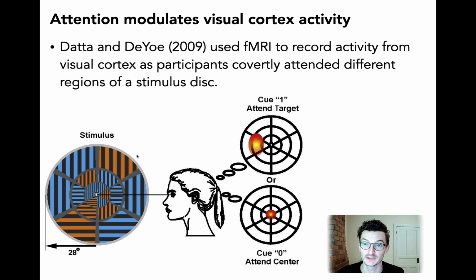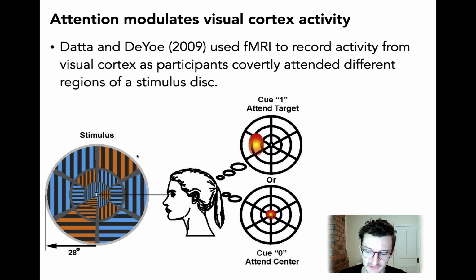If a stimulus appears in the top right of your right visual field, we have some sense of where in visual cortex we'll actually see activity. If a stimulus appears in the bottom right of your visual field, we know that activity will occur in a different part of visual cortex.